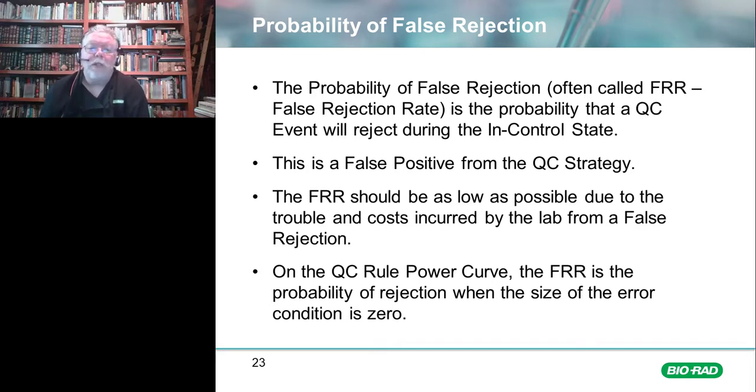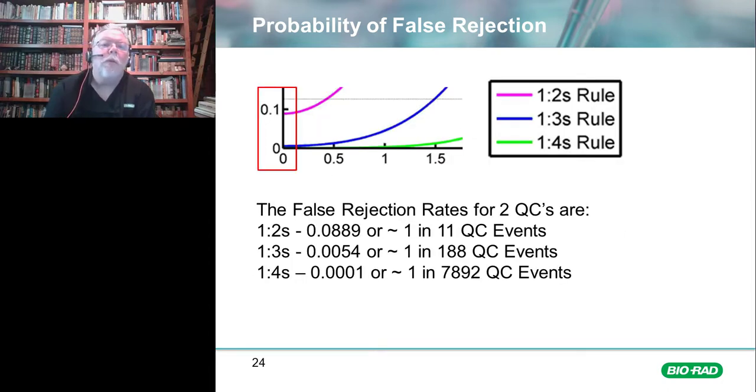So on that QC power curve, that false rejection rate is what's the probability of rejection when the size of the error condition is 0. So we're looking right up at this region of the power curve.